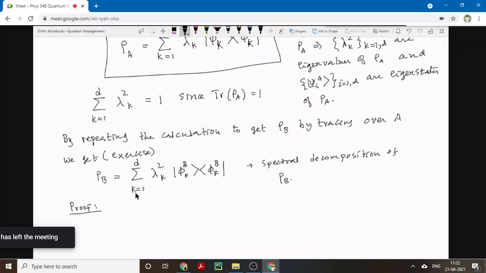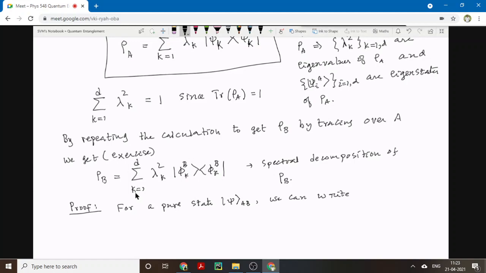So for a pure state psi AB, we can write equation 1 in general for any arbitrary basis IA, JB of HA and HB respectively.